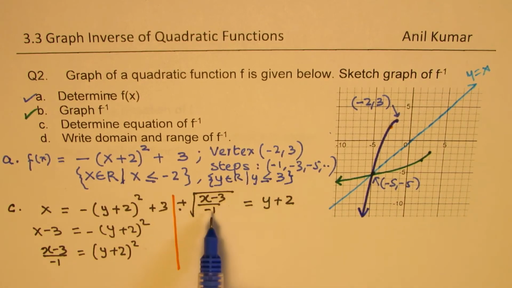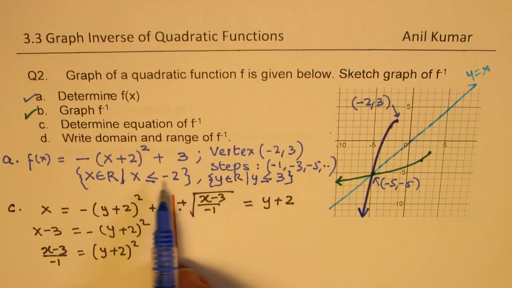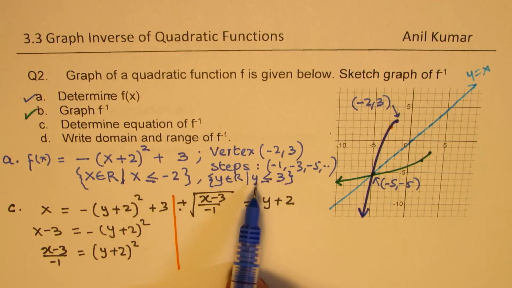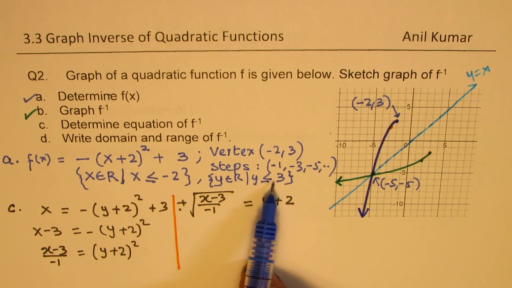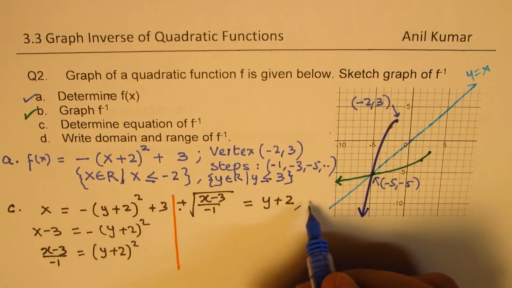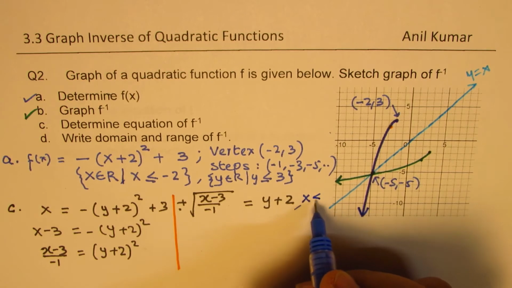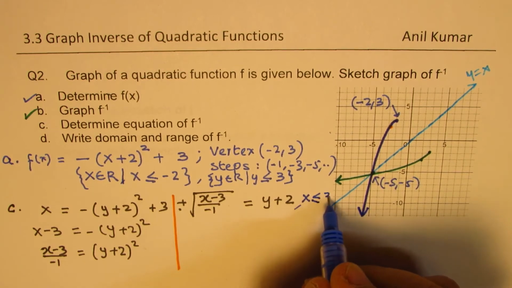So when you are finding the inverse, these domain and range will swap. Now, what are we looking into? We are looking into domain which is less than equal to 3. So in this case, when you do this, you should remember that x has to be less than equal to 3.